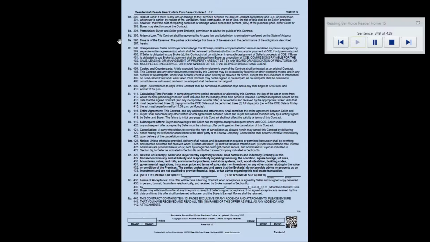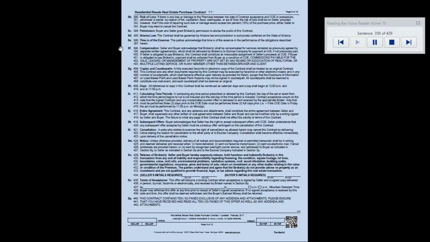8F. Compensation. Seller and buyer acknowledge that broker or brokers shall be compensated for services rendered as previously agreed by separate written agreements, which shall be delivered by broker or brokers to escrow company for payment at COE, if not previously paid. If seller is obligated to pay broker or brokers, this contract shall constitute an irrevocable assignment of seller's proceeds at COE.